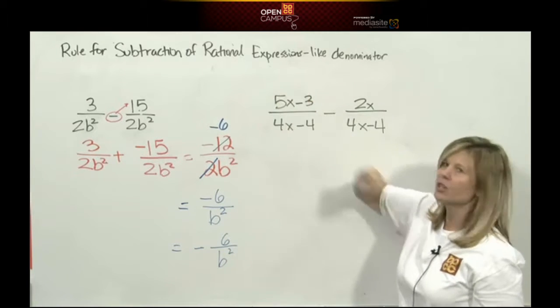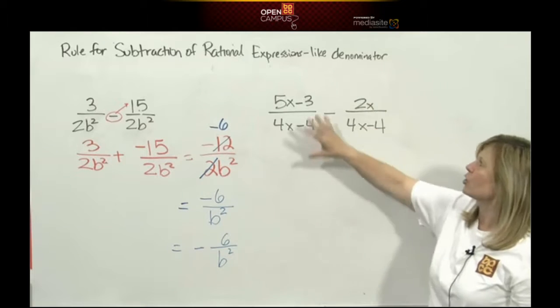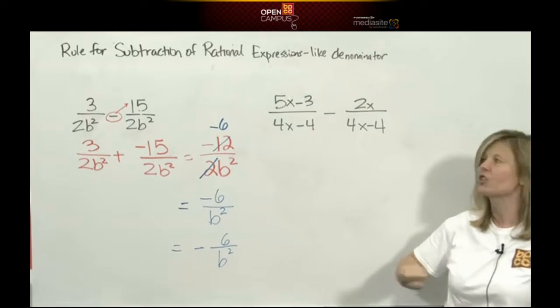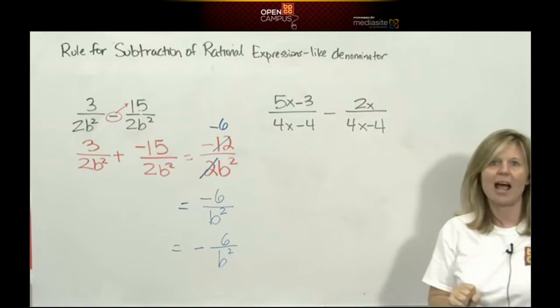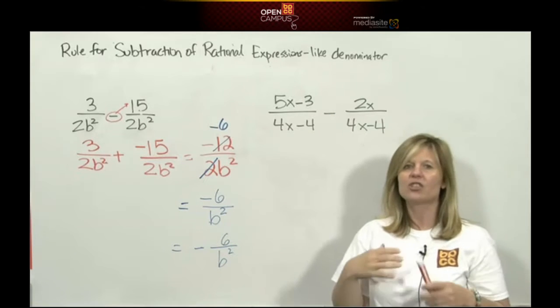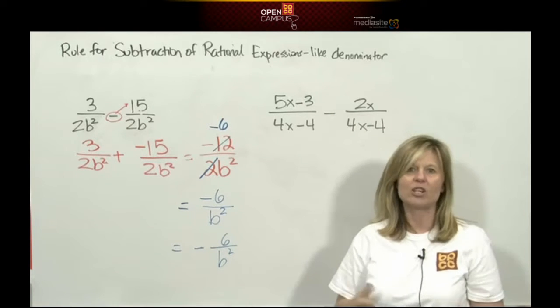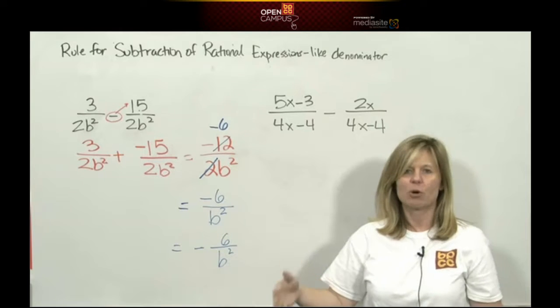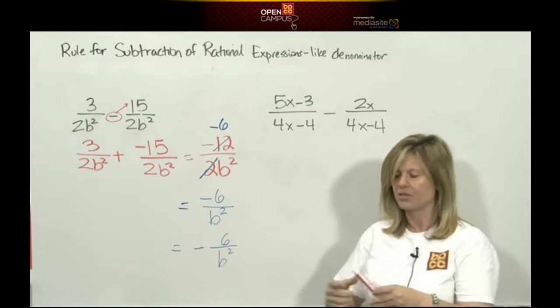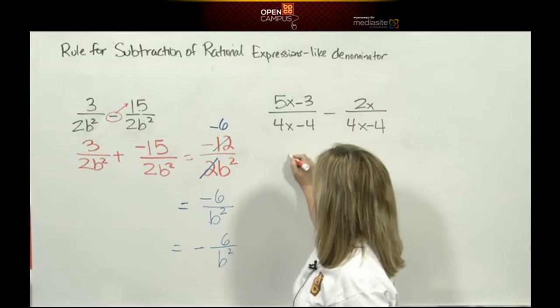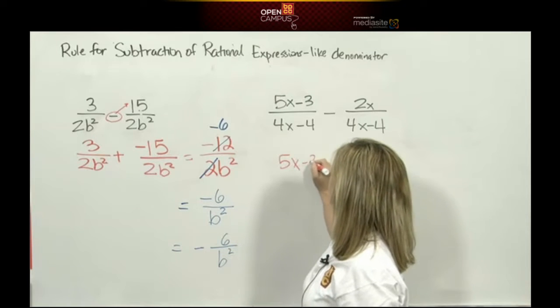I have a fraction. Two rational expressions connected by subtracting. So the first thing is there is no such operation as subtraction. Subtract means to add the opposite. So the first fraction stays the same.